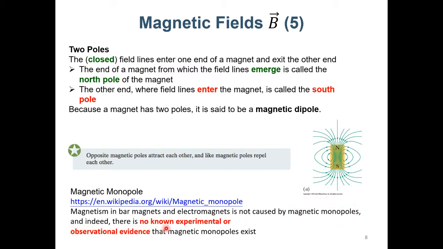And indeed there is no experimental or observational evidence that magnetic monopoles exist. Some scientists assume it exists and wrote another version of the Maxwell equations. You can find it on Wikipedia, but actually magnetic monopole does not exist.